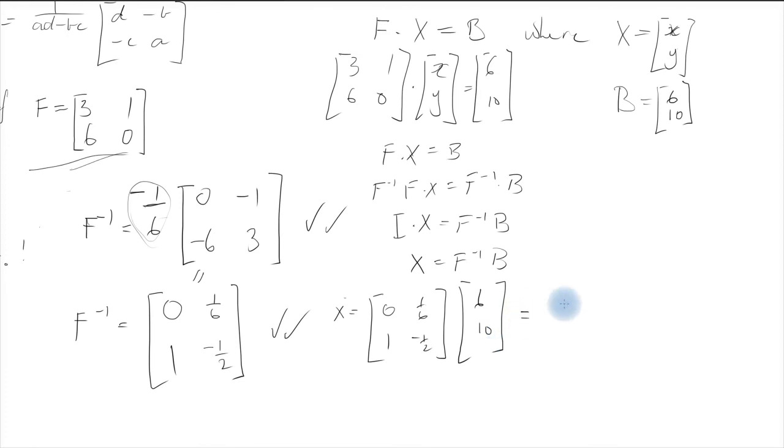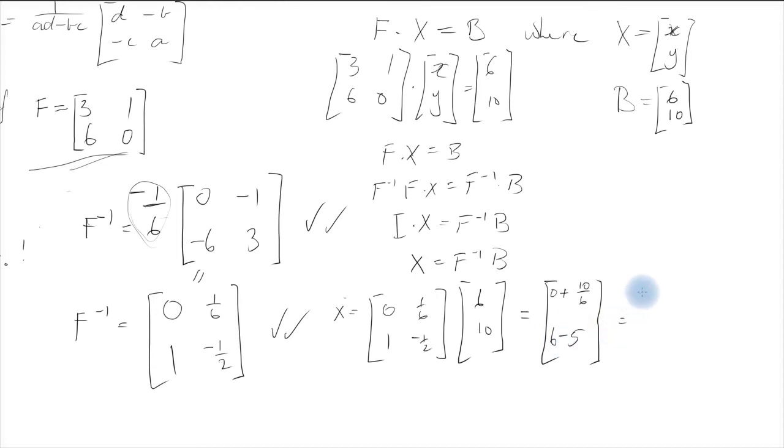And we know our answer is going to be x, y, so it's going to be looking like this. In our first position, this is our A11, so we've got 0 times 6 is 0, plus a sixth times 10, 10 on 6. And in our second position, we've got 1 times 6 plus minus a half times 10, so that would be minus 5.